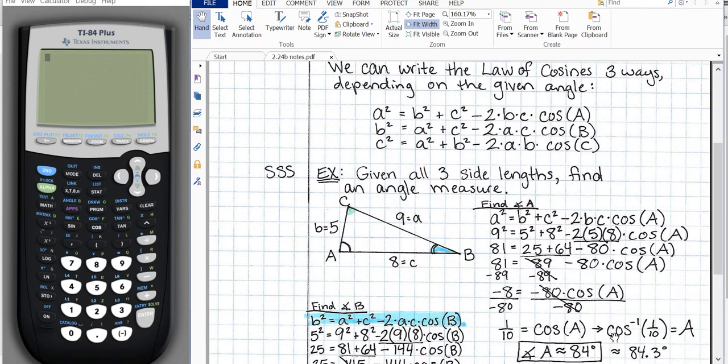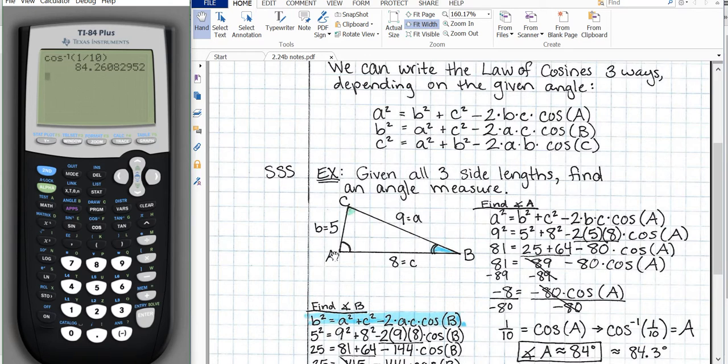So let's do the inverse of cosine of 1/10 to solve for A. Alright, so let's put that on the calculator. So inverse, we should do the second key for that one. So we have inverse of cosine of 1 over 10. Plug that in. What do we get? Aha, about 84 degrees. Good, so now we know angle A.